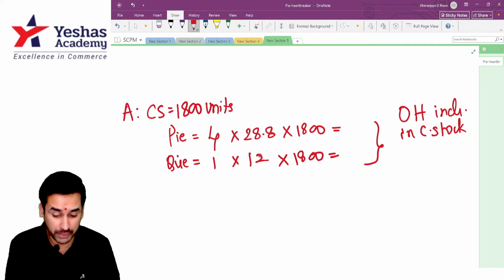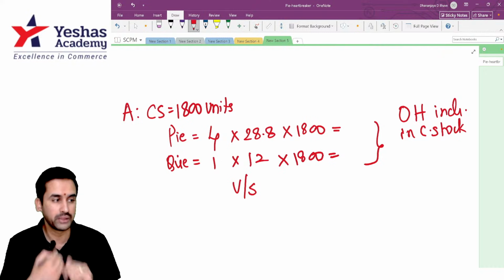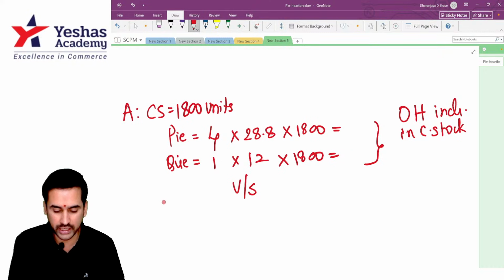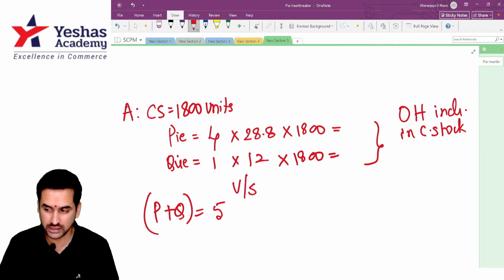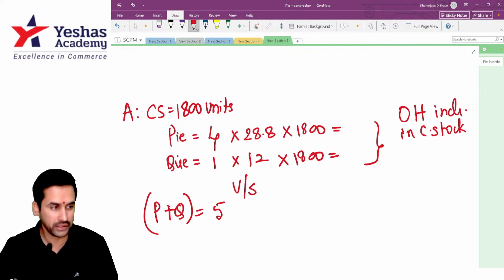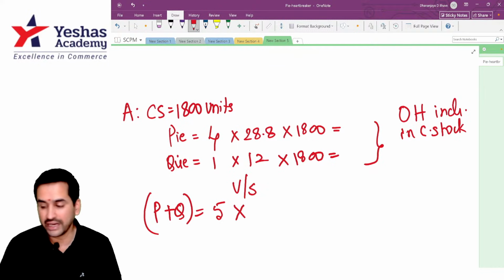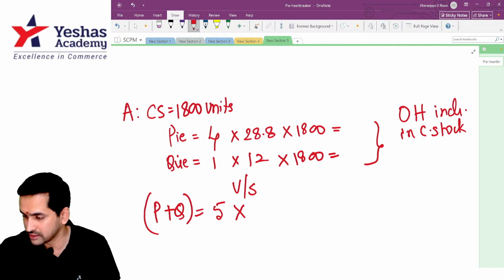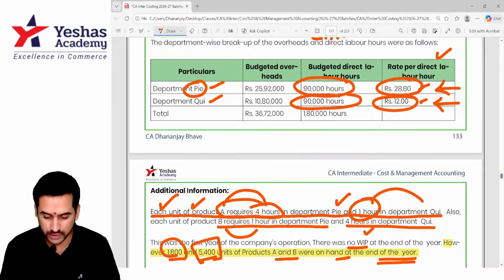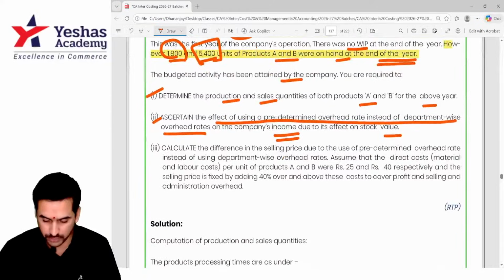This is if I do department wise rate. This I should compare with single rate for full company. If I do single rate for full company, I have to take P plus Q together. That will be 5 hours. You know how I got 5 hours? 4 hours in P, 1 hour in Q. But that time the rate is 20.4. I saw somebody had sent this in the chat box. How much was rate when you do for the whole company?